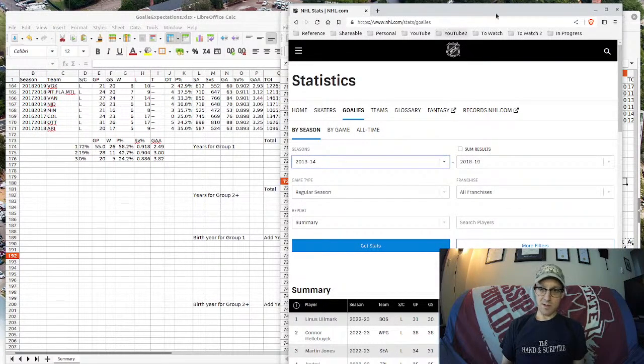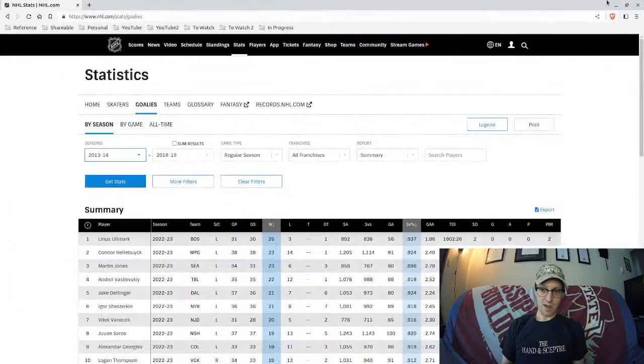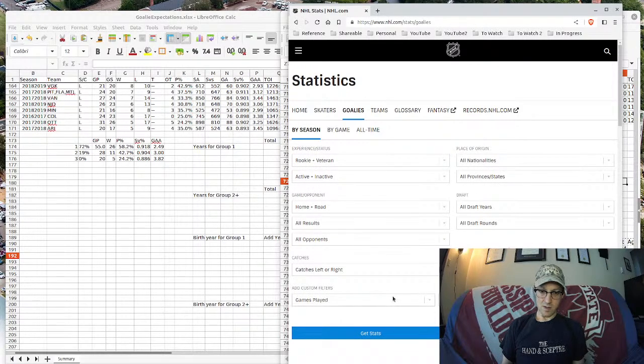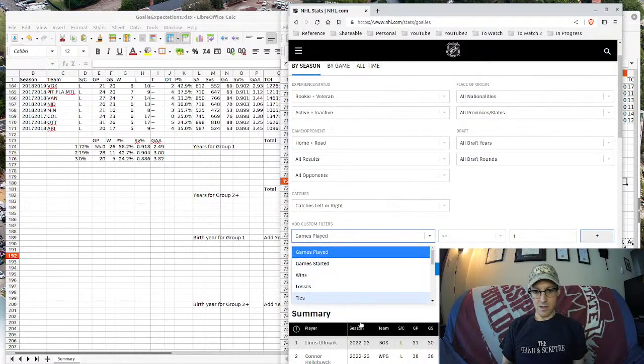We want to filter by, do we do that? Yeah, we will.